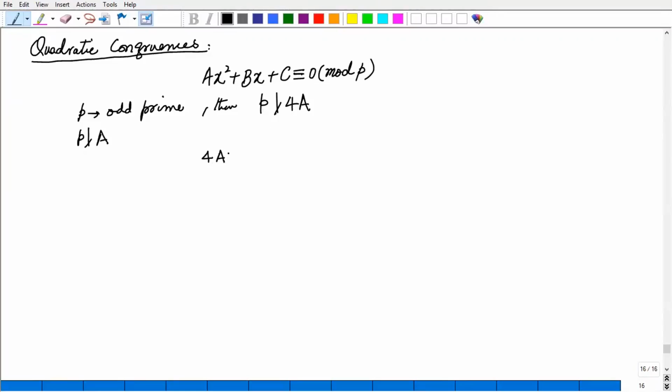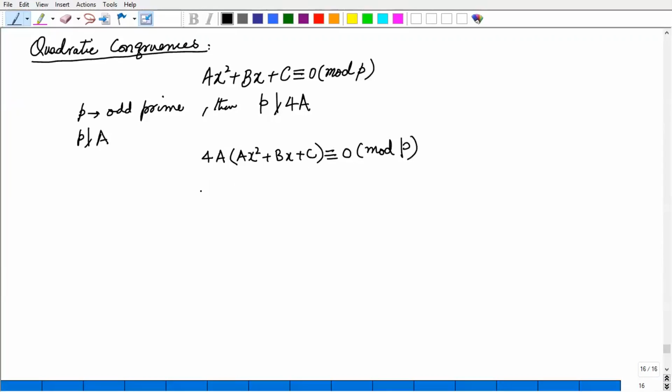So 4a times (ax square plus bx plus c) is congruent to 0 modulo p.